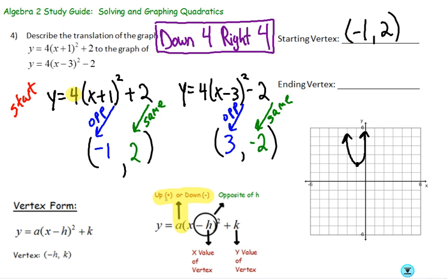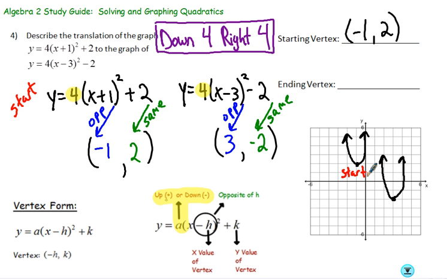All right, so let's graph the other one. So you got 3, negative 2. So let's go right 3, down 2. And check if this guy's happy or sad. It's also positive, so that also would be a parabola that opens up. So let's draw a parabola that opens up. And again, this was my starting place, and make sure that you do that on your paper, so that way you don't get the two confused.